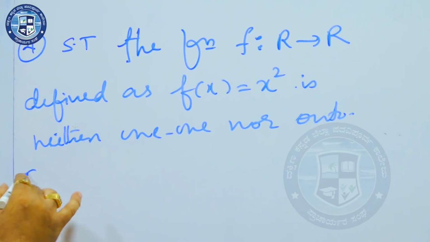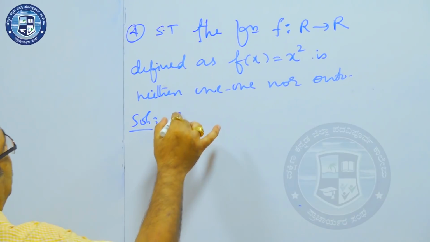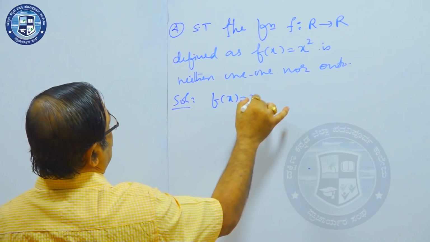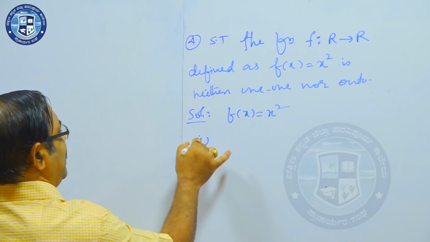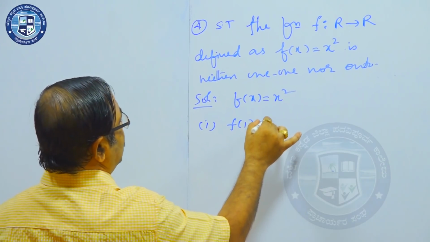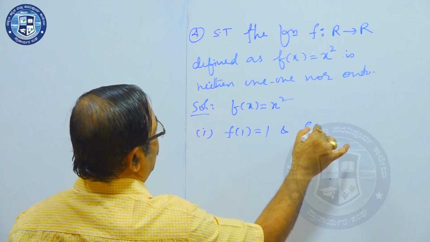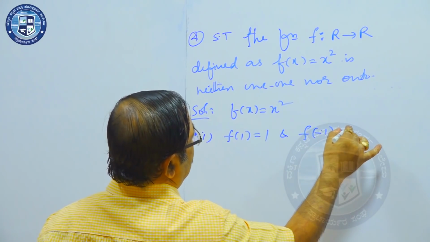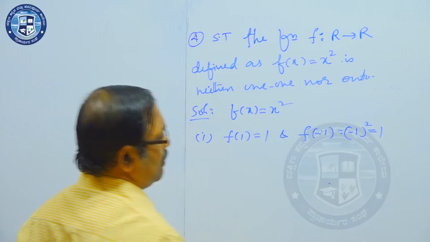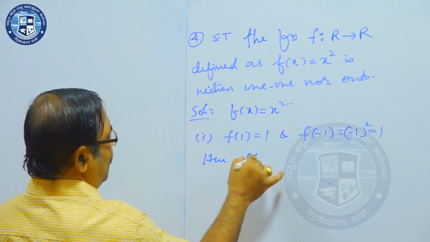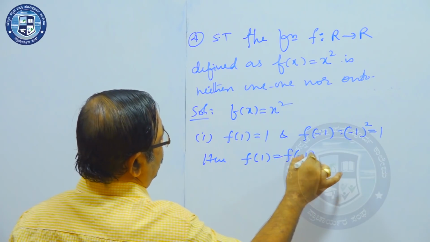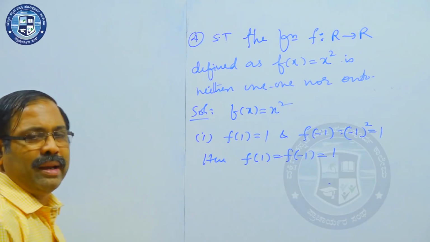Now, look here, just give the definition. See, f of x is equal to x square. Very simple. First, let me write what is f of 1, 1, and what is f of minus 1, minus 1 square, 1. Correct? So, here f of 1 equal to f of minus 1 equal to 1.